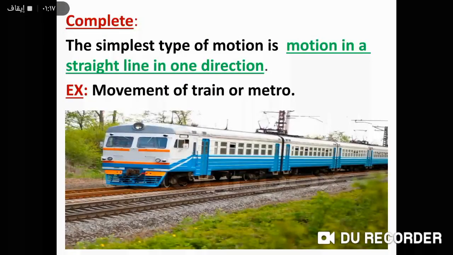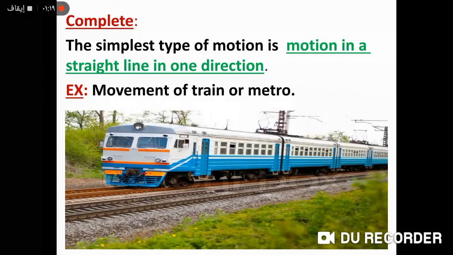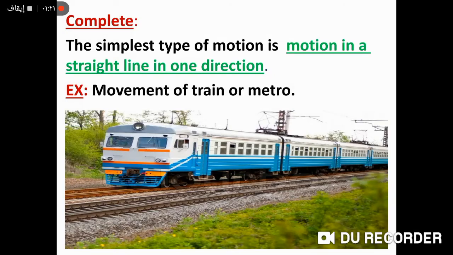The simplest type of motion is motion in a straight line in one direction. Motion may take many shapes, like motion in a circle, in a square, in a curved line, or in a straight line.